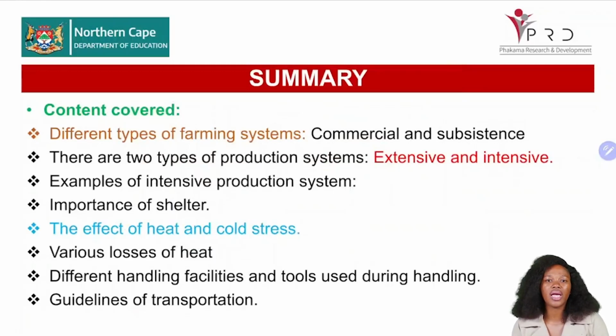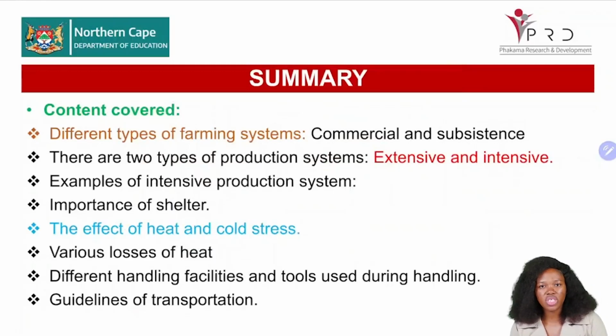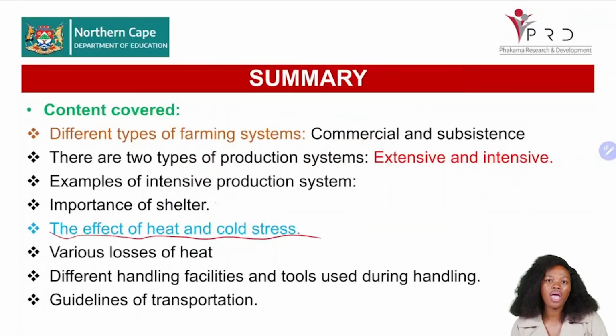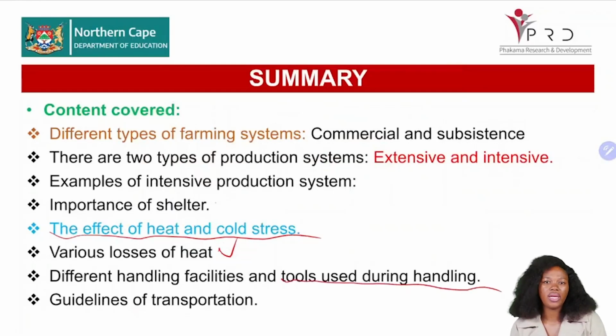And we also looked at the various farming systems, subsistence and commercial farming system. We also looked at the importance of shelters, the effect of heat and cold stress, hyperthermia and hypothermia, various losses of heat: conduction, convection, radiation, excretion, right? Different handling facilities and tools used during handling, right?